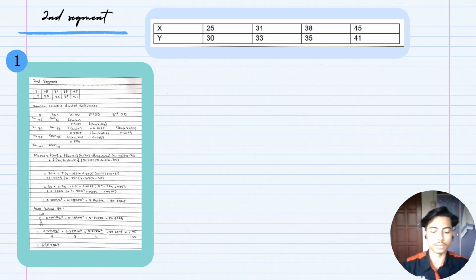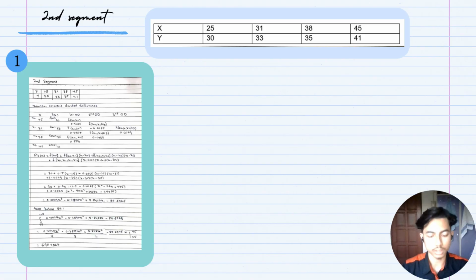For the second divided difference, we calculate by 0.2857 minus 0.5 divided by 38 minus 25. So the data from the first divided difference divided by x, we get the second divided difference.